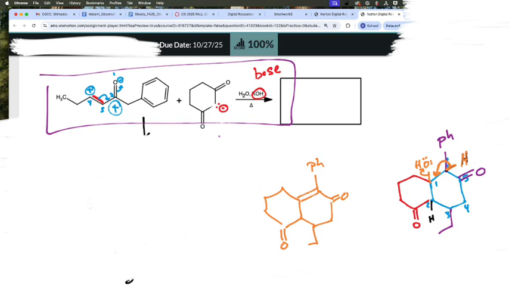So when we talk about aldol reactions, very typically they're referred to as aldol condensation. Why do we call them condensation? When we eliminated, what did we eliminate from the molecule? OH negative and H plus, formerly H2O.